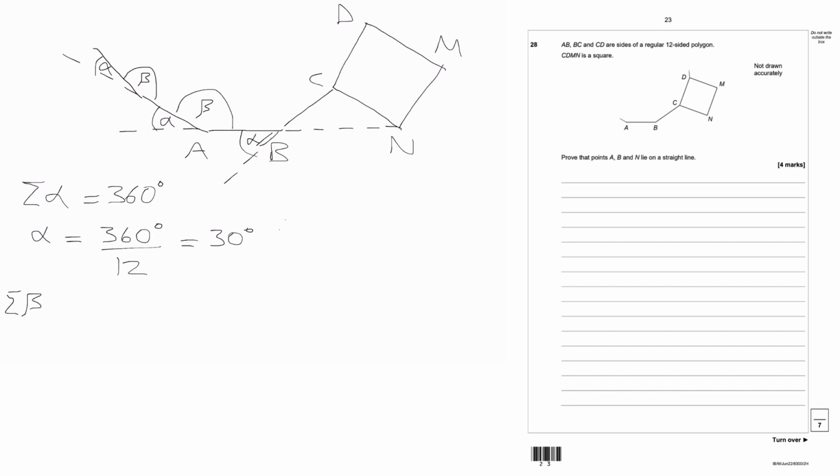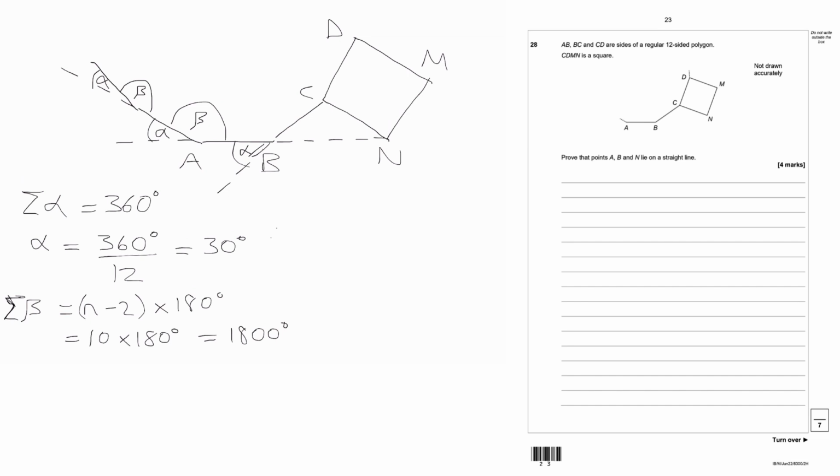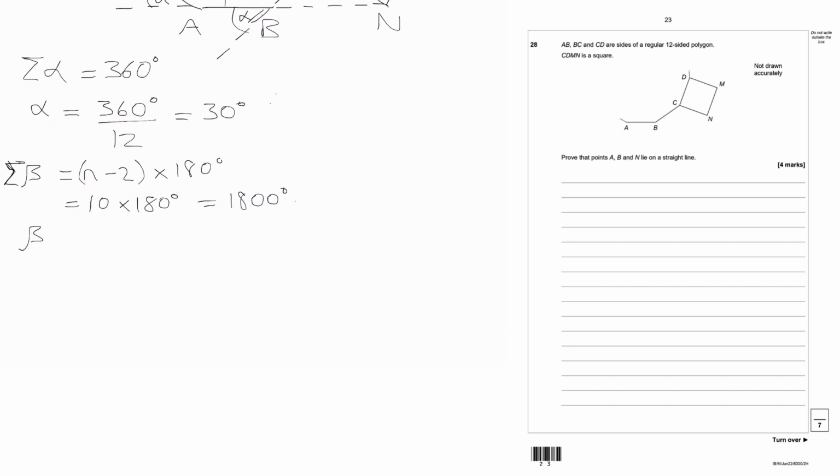For the interior angles, the sum of all these angles is equal to n minus 2, where n is the number of sides of the polygon, times 180 degrees. In this case, n is 12, so we have 12 minus 2, which is 10, times 180 degrees, which is 1,800 degrees. So beta is equal to 1,800 degrees over 12, which is 150 degrees.